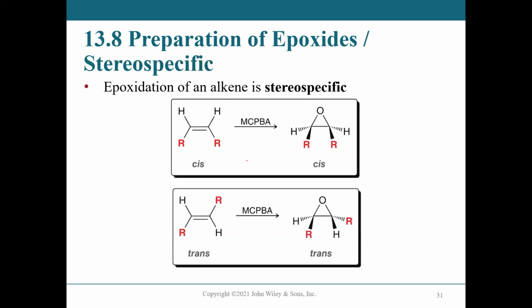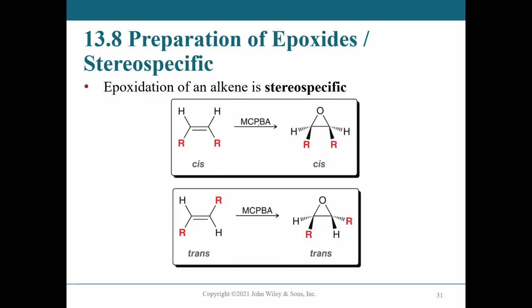The epoxidation of alkene is stereospecific. So with MCPBA, we're going to get the cis isomer, and then trans here. Well, let me think about this.